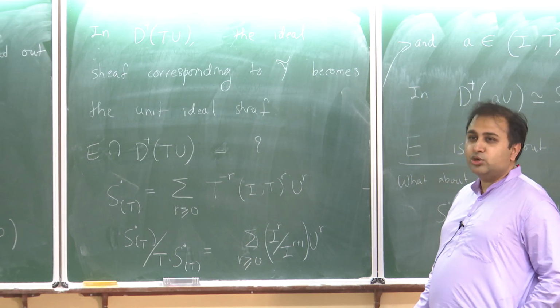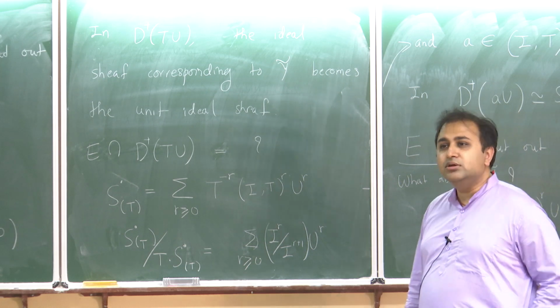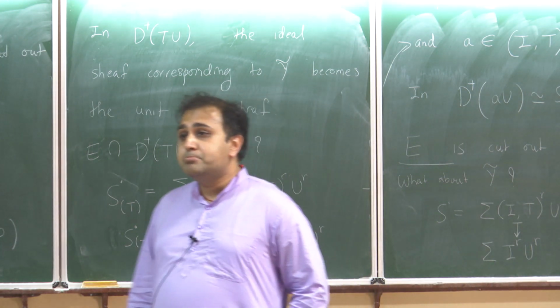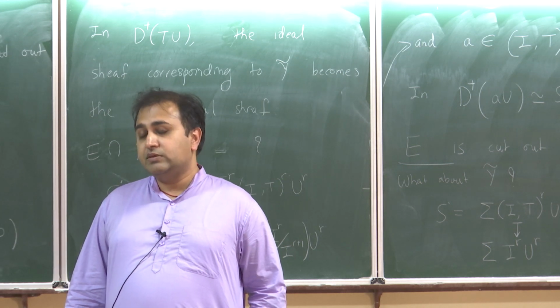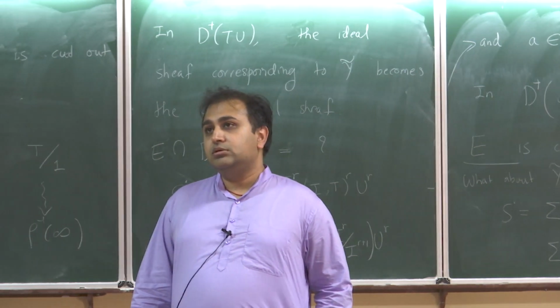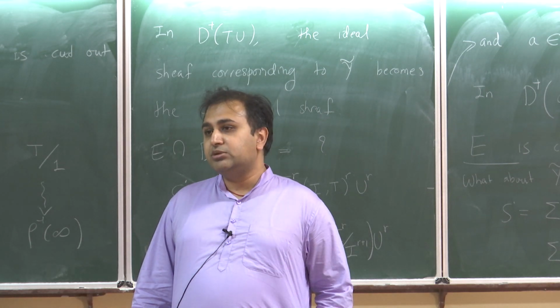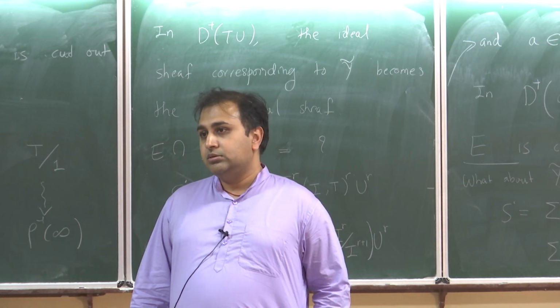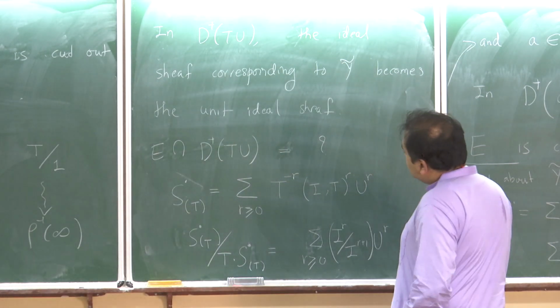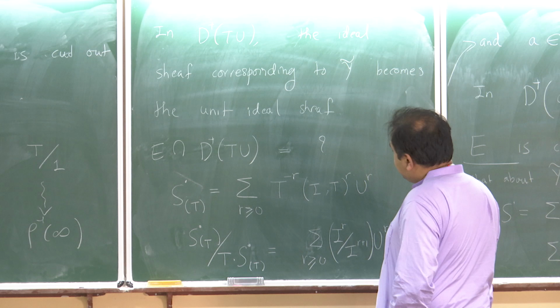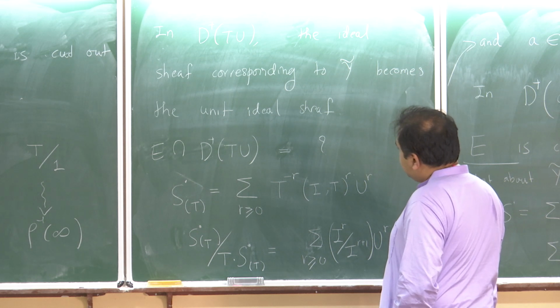I think it's sort of clear enough in the book. You are knowing of this ideal I comma t. Yeah, so it becomes locally principal on this open set. When you are localizing at t, it is generated by t. And therefore, when you are going modulo t, you are basically going modulo that homogeneous ideal.